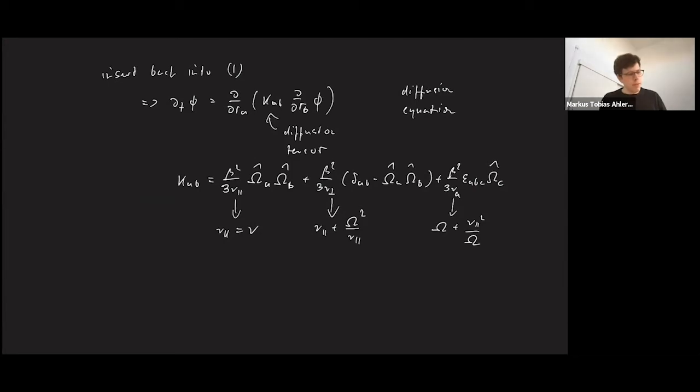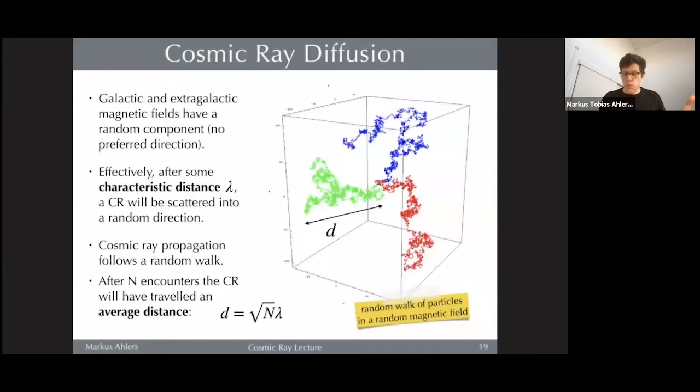Okay, so this is basically a very essential equation, which is called the diffusion equation. The picture that we have in mind now is that the motion of a cosmic ray particle will be scattered by the appearance of turbulence.